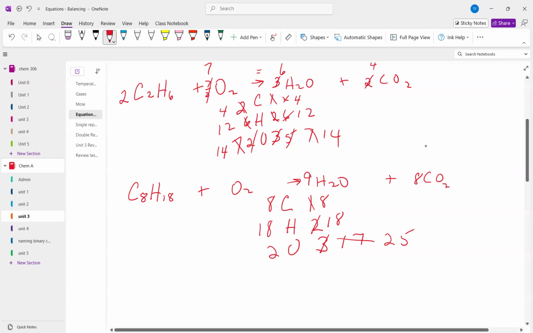Now we're going to have to deal with that O2 again here. So we have even and odd. Whenever you have this even and odd bit, think fractions. So what do we multiply 2 by to get 25 like before?